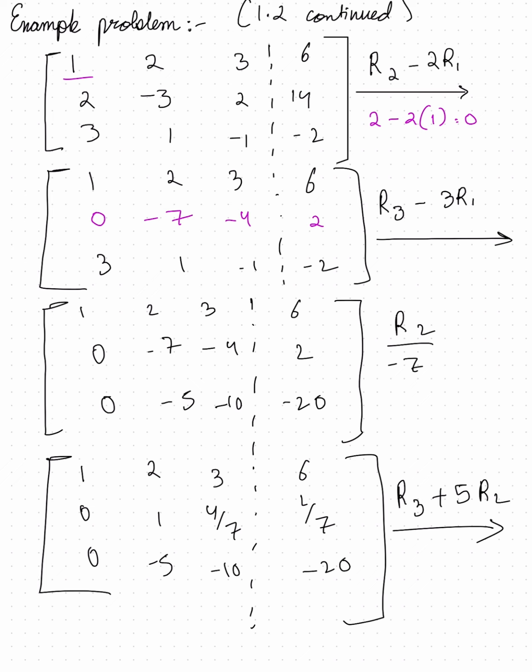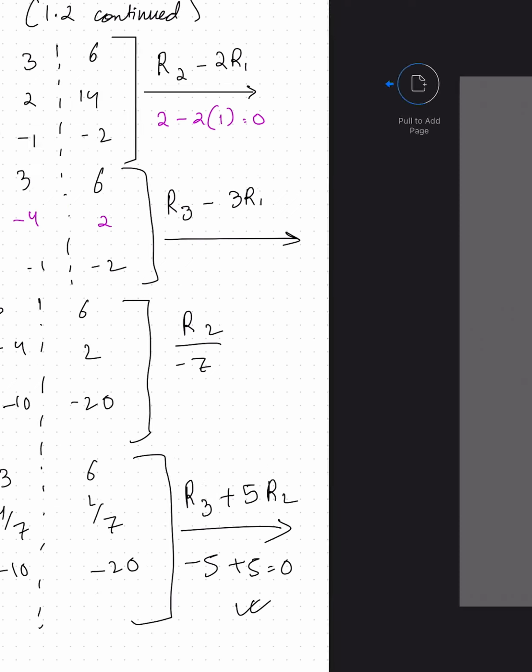When we're doing this, we have to get everything below the 1 to be a 0. We do not consider row 1. Only use row 2 to make this 0. Do not use row 1. So row 3 is -5 plus 5. It'll give us 0. So this is good.